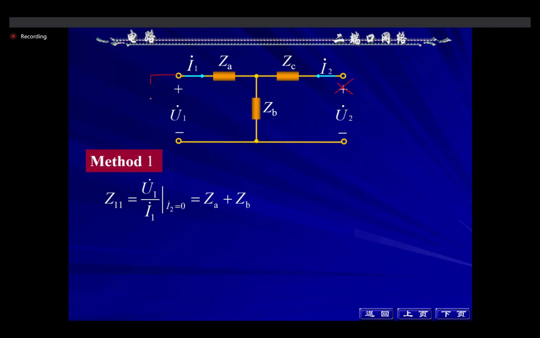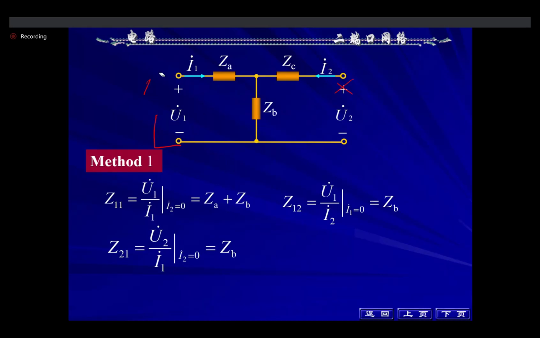Only this side has the current source. So U1 is I1 ZA plus I1 ZB. So U1 over I1 is ZA plus ZB. U2 will be the ZB voltage. Z21, U2 over I1, is ZB. Then open the left side and add the current source on the right side.